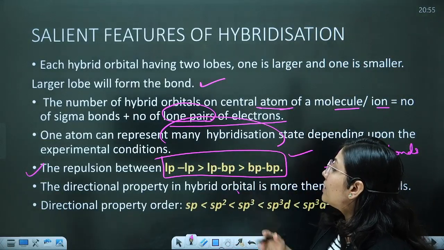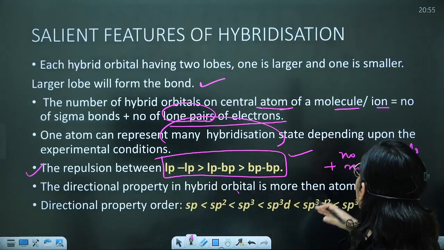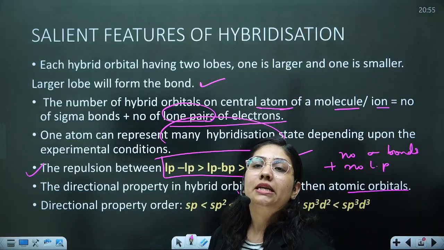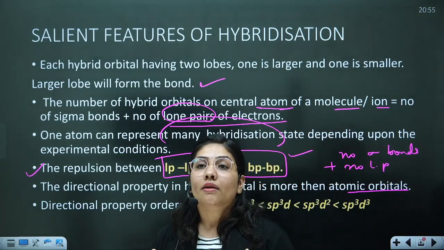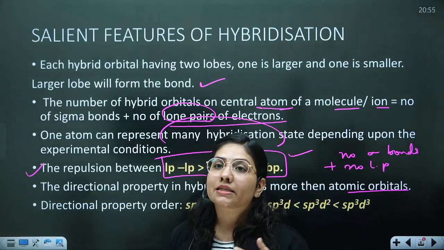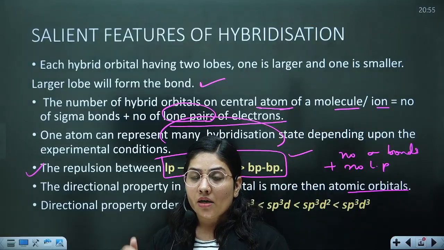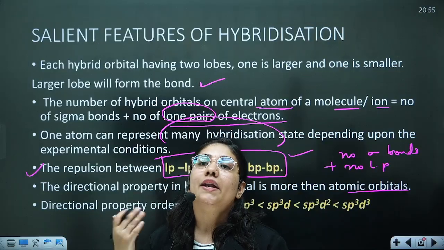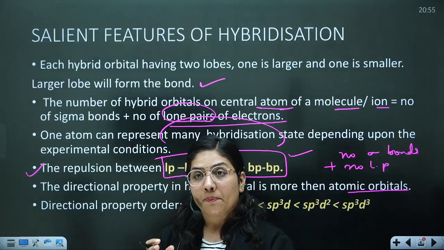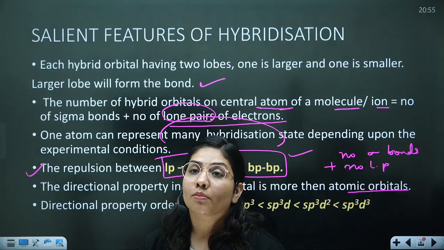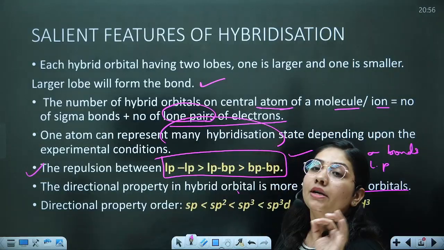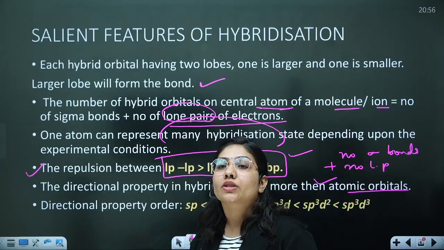Come to next property, the directional property in hybrid orbitals is more than in pure atomic orbitals. Why? If we choose an s orbital, its directional properties are less, but when it mixes with a p orbital, the directional factor increases. In comparison with the pure atomic orbitals, hybrid orbitals always have more directional properties.